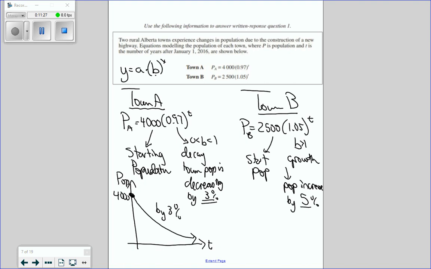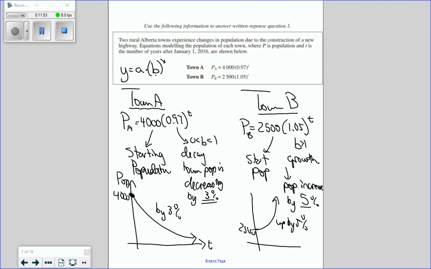It's increasing by 5%. So if you wanted to draw a picture, you would show it as 2,500 is the start, and it's going up by 5%. So that would probably be worth 2 marks.